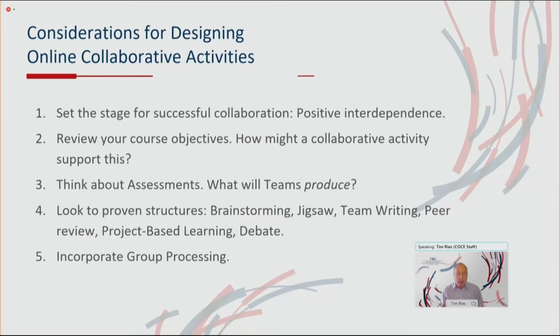And then finally, the idea of group processing. You want to incorporate group processing so that the teams are reflecting upon what they're doing right, what could be improved, and that speaks to them evaluating their own learning as they go through the activity.